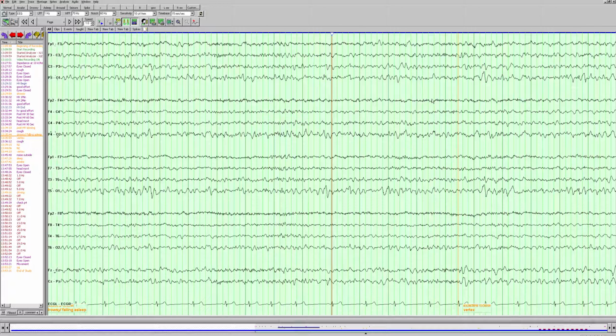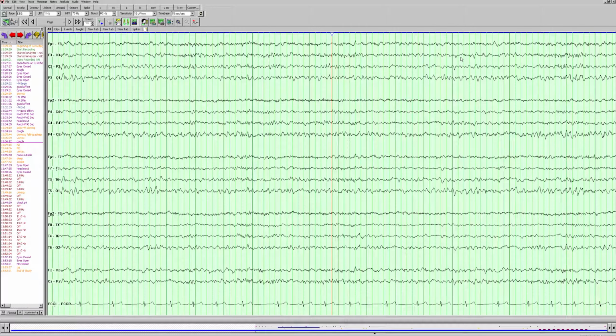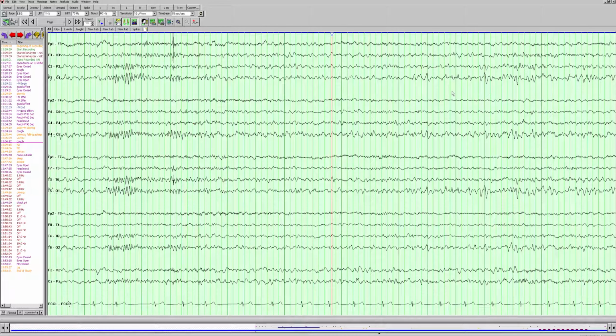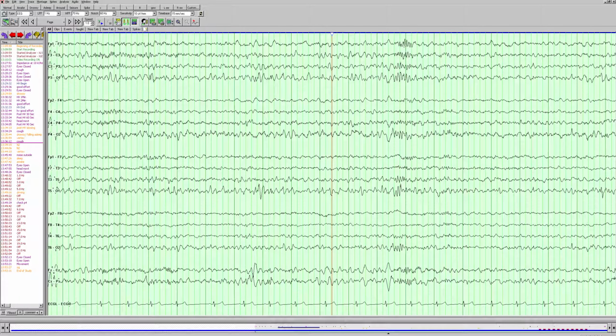So during stage N1, we can see those horizontal eye movements, and then we can see the background attenuate. You see loss of your posterior dominant rhythm, and then you can see vertex waves. We may not see very good ones here, and so I may point those out later in the recording. I think we see a few, and I'll point them out also on future EEGs where they are better formed.